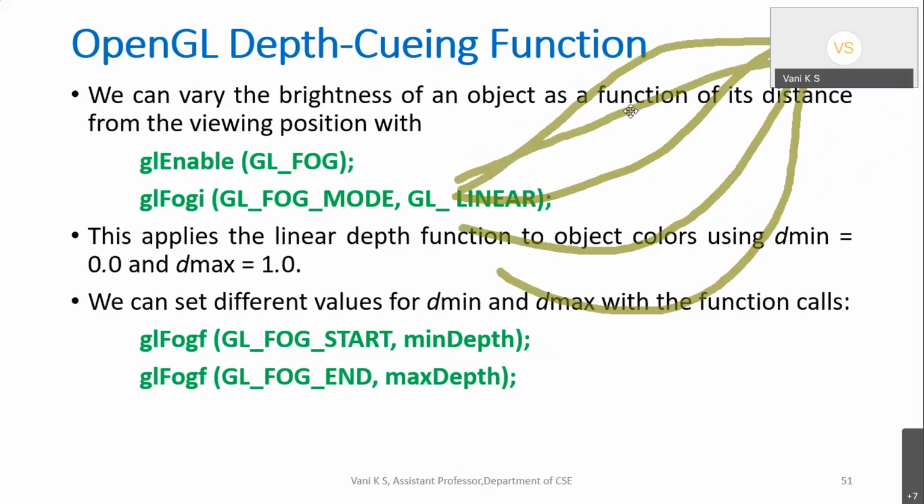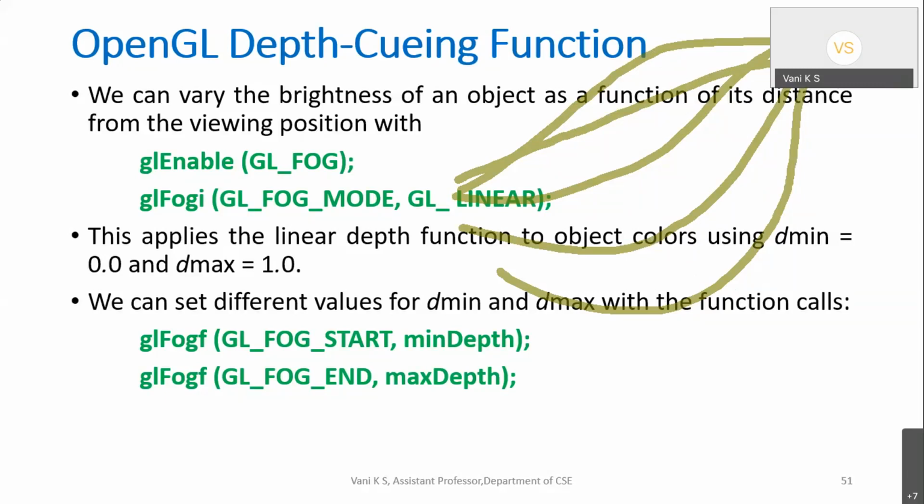Whichever objects are very clear to me will have high intensity. Whichever pixels are away from me will have very low intensity. This is what we call a fog effect or queuing effect. I hope you understood this diagram, sorry for the scribbling. This is the point where I can see clearly. This is the point where I cannot see so clearly, it is so dim. So these pixels will be highlighted with more intensity, and these pixels will have the least intensity.